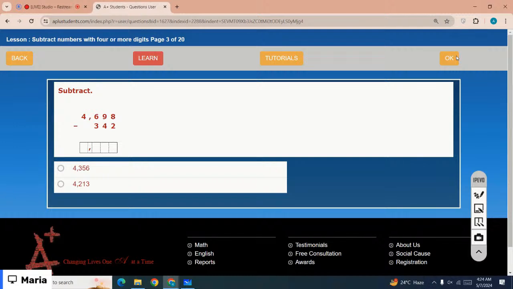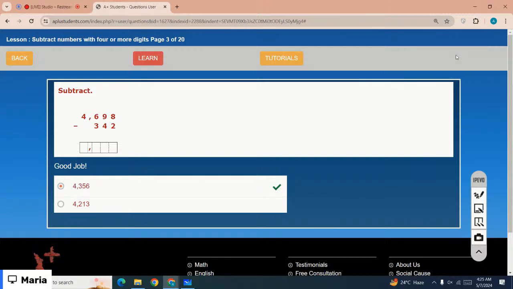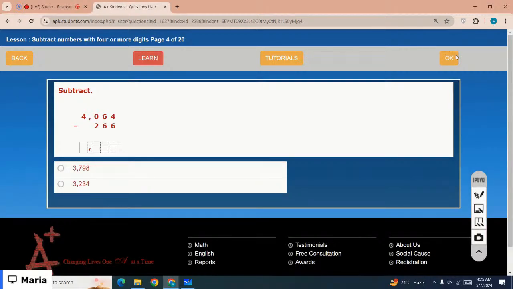The correct option is option number 1. 4356 is the correct option. Okay, 4064 minus 266, which is the correct option?